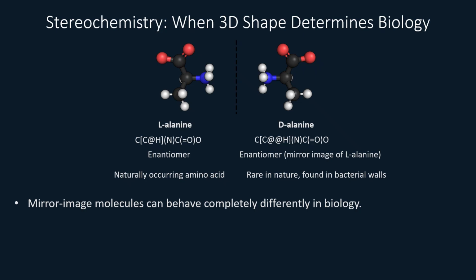If stereochemistry is missing, a structure-based analysis cannot distinguish between them, even though their biological roles are completely different. So that's why, before generating descriptors, stereochemistry must be present, verified, and consistently represented.